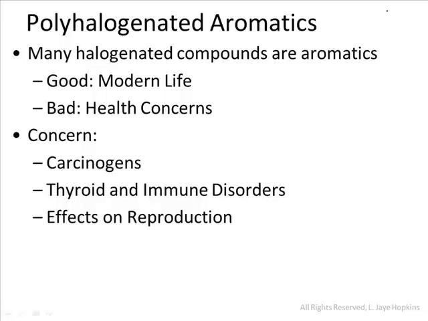The other thing to consider about these polyhalogenated aromatics is that many of them are bioaccumulative. That's a term that means when they get into the human body, they tend to stay there for a while. So while you might only be exposed to very, very small amounts of the bad ones, they can stay in your body, and over time that effect starts to add up.